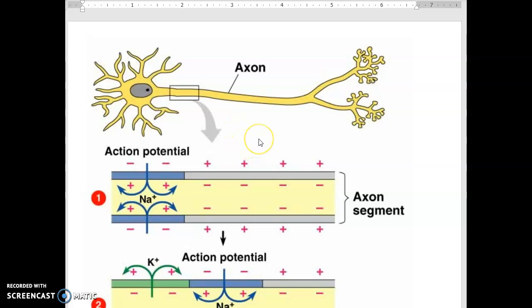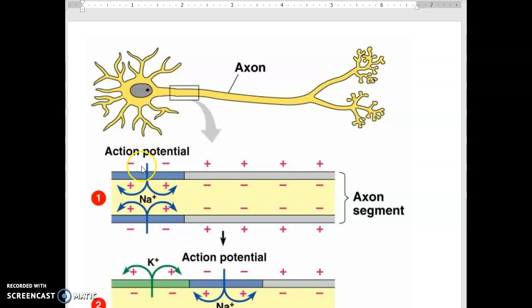When we use that neuron, in particular what we call a motor neuron, one that's attached to a muscle cell on this end over here, the signal will pass from the dendrites to the cell body and then down the axon. This is a close-up of the axon. When the signal reaches this little place right here, the signal causes the gates on the outside of this axon to open and sodium rushes in.